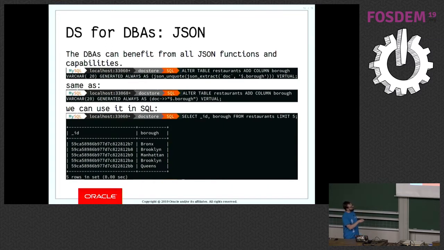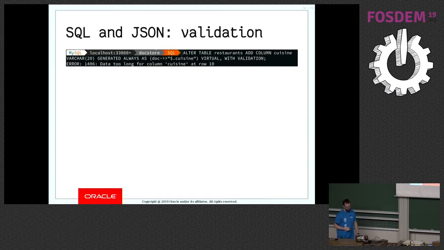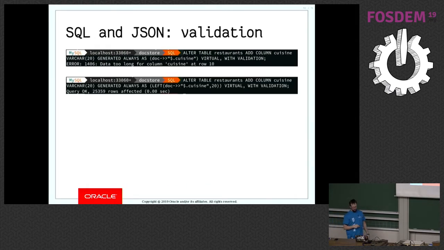These are virtual columns. The index is materialized on disk, but the data is still in your document, in the JSON data type. It doesn't create a new column physically, so you don't copy the data, just the extra index. And you can validate, but I have just a little time left, so I will pass this.